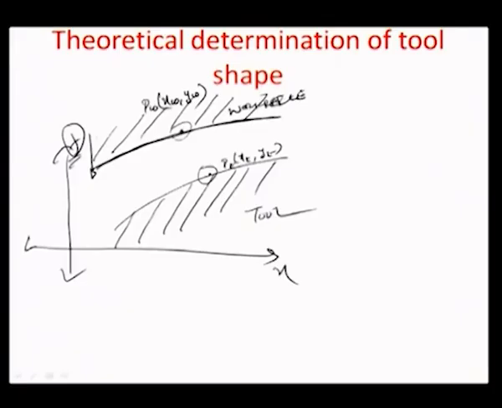So, the feed, as you know, is in this direction, meaning thereby that if we look at a tangent to this particular point, it would assume to have moved at an angle theta with respect to the direction of the feed. Okay.